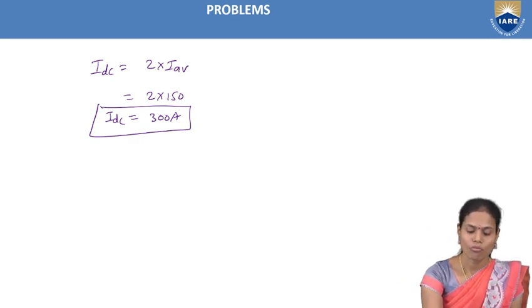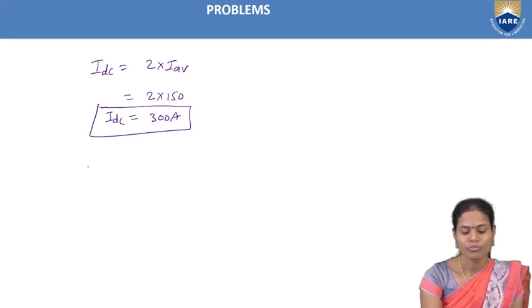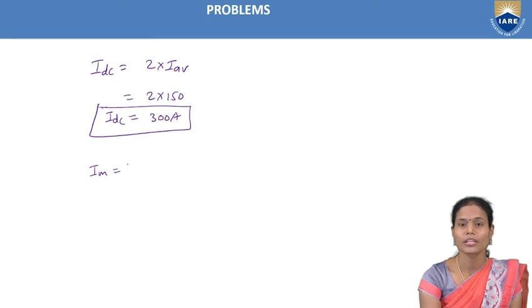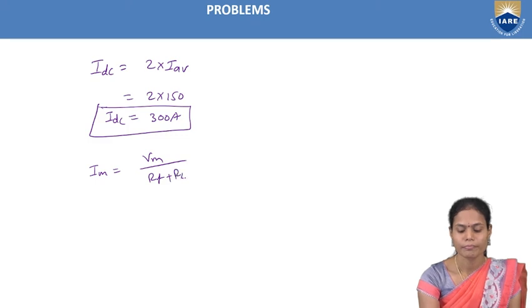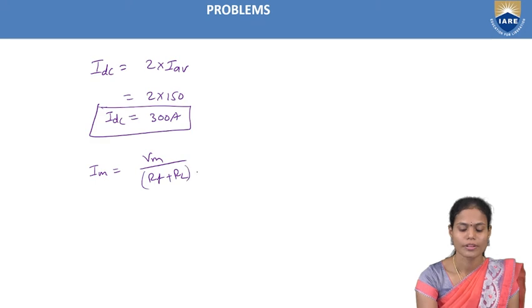But here we require the RL value. So to find the RL value, again I am taking Vm by RF plus RL, and IDC equal to 2Im by pi.